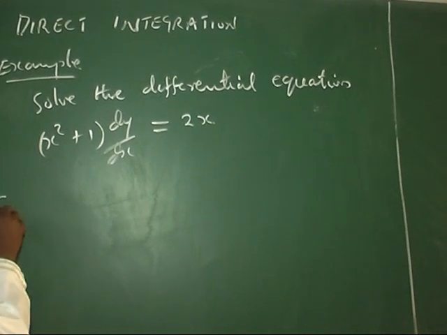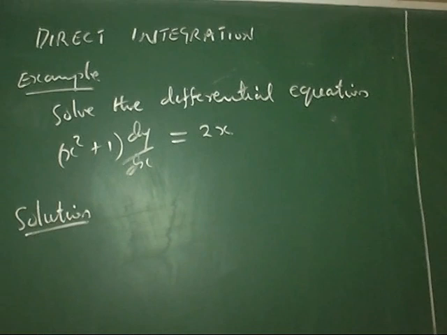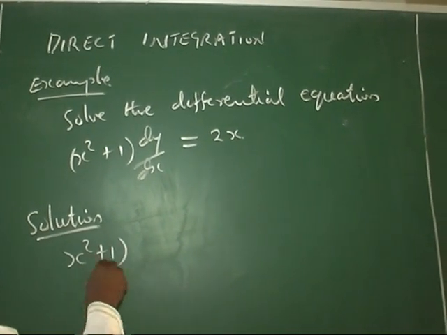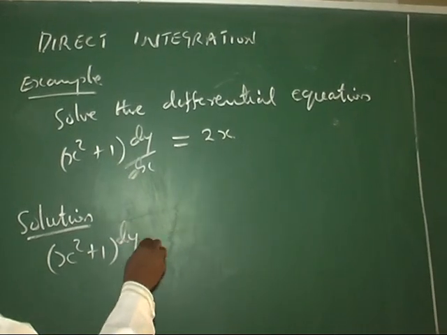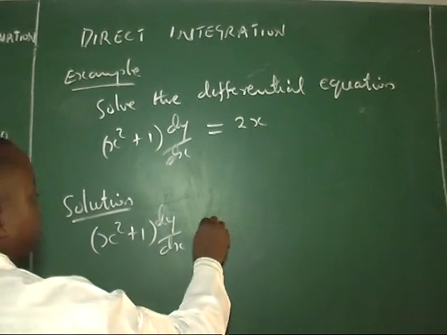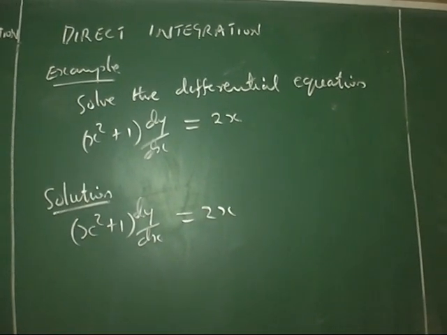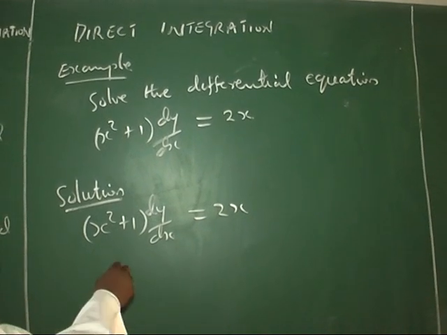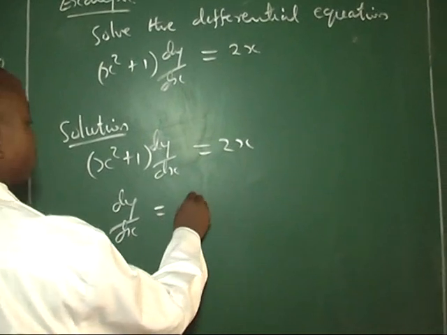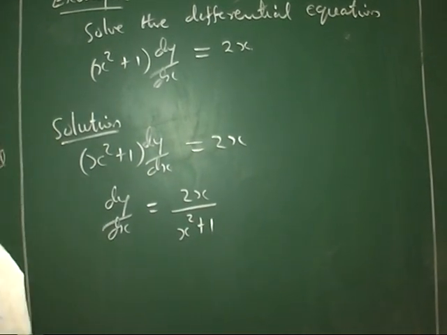Now let's pick the solution. You see that (x squared plus 1) dy/dx is equal to 2x could be written as dy/dx is equal to 2x over x squared plus 1.